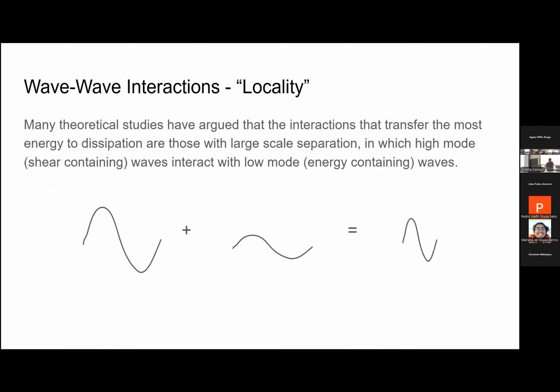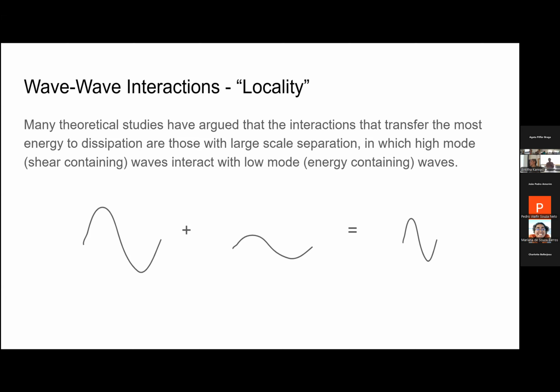Thanks, Zach. All right. So all three of those types of triad combine to create a bulk transfer of energy to smaller scales and higher frequencies. A lot of theoretical studies have argued that the most important interactions for downscale energy cascade are between high mode waves, which contain the most shear, and low mode waves, which contain the most energy.